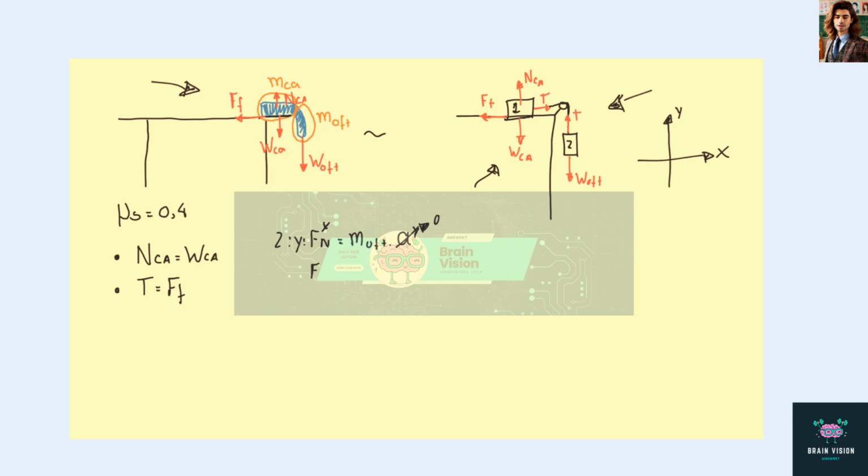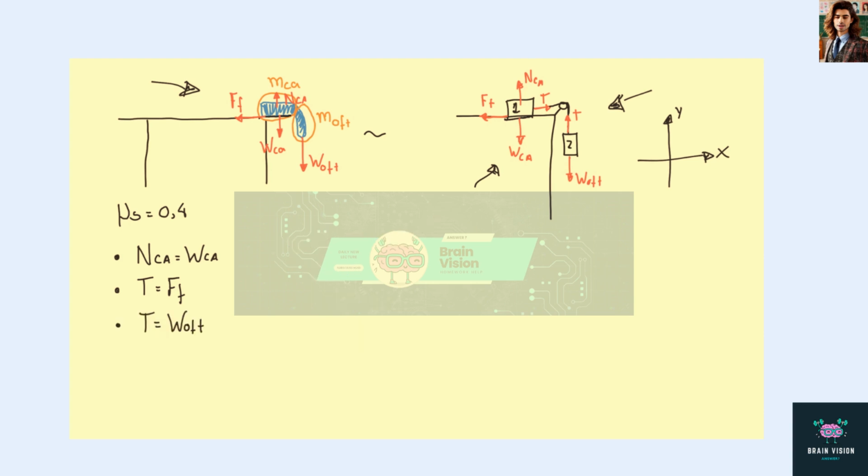Therefore, the net force in the y direction is equal to 0 on the second block too. But on the second block, we have only two forces in the vertical direction. We have the tension force, which points in the positive vertical direction, and we have the weight force that points in the negative vertical direction. Therefore, the tension is equal to the weight force.